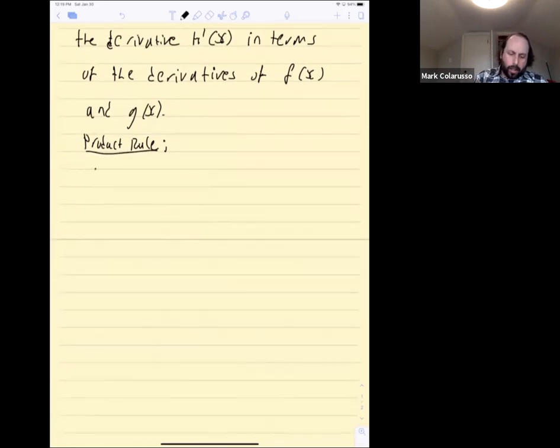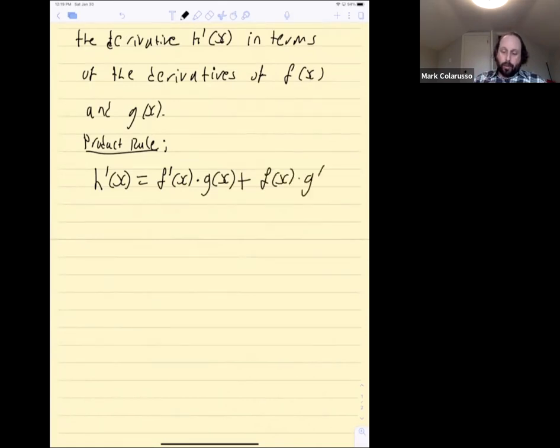Okay, so the derivative of h at x is the derivative of f, but not times the derivative of g, times g itself. Then there's another term. Then you take f times the derivative of g.